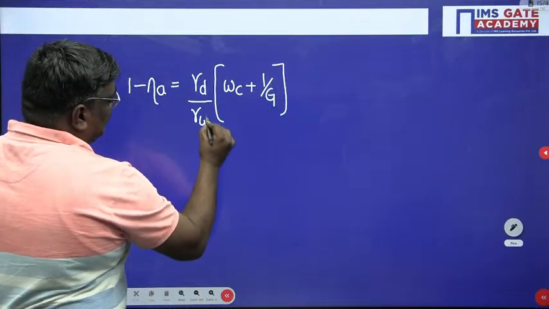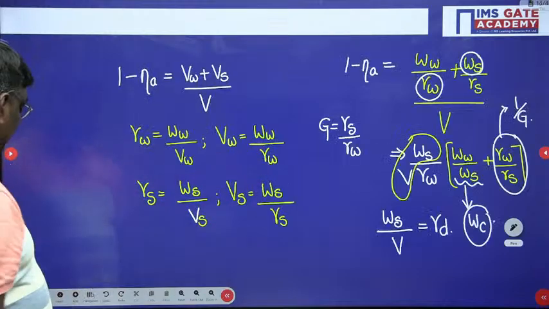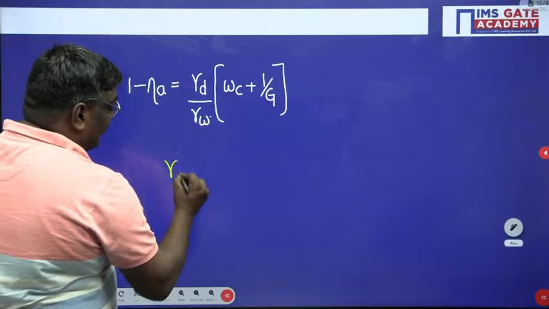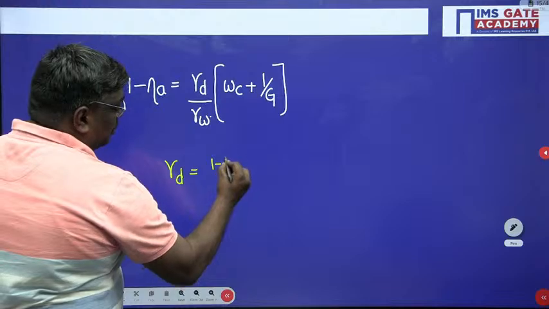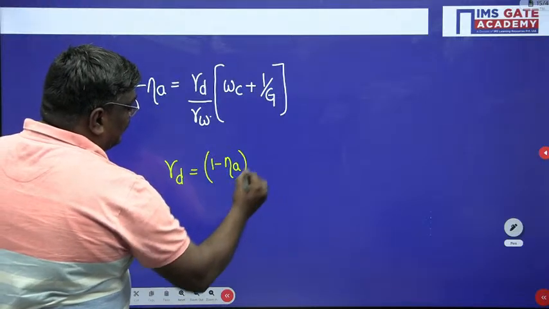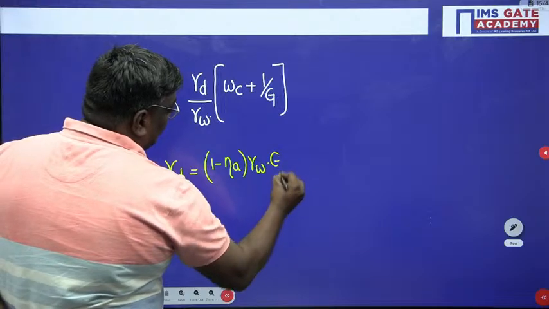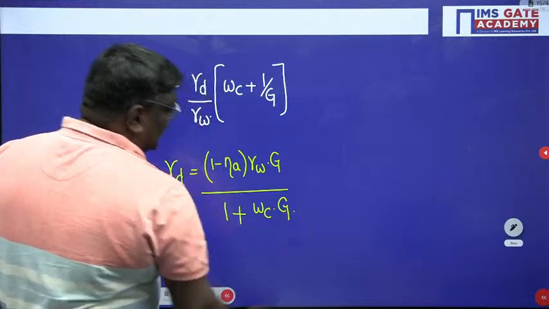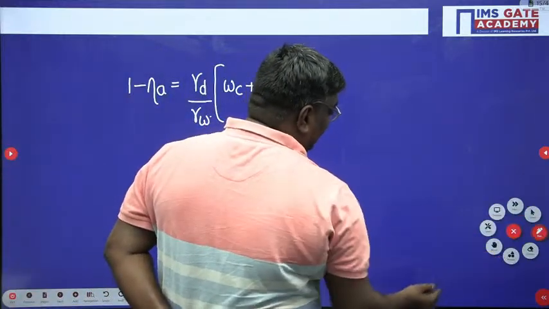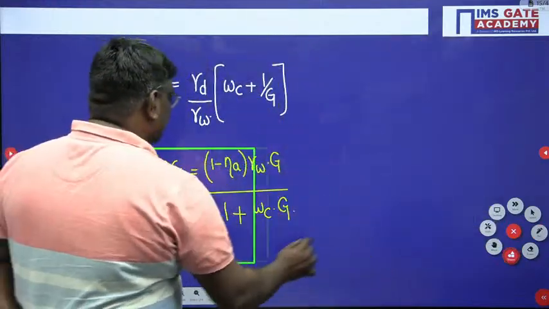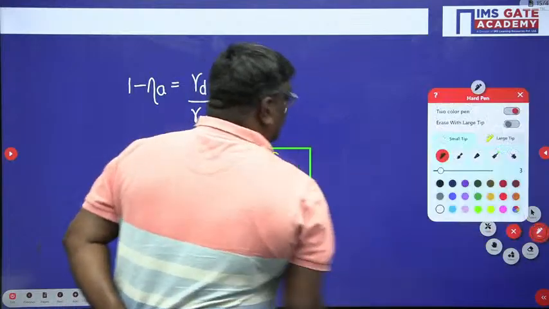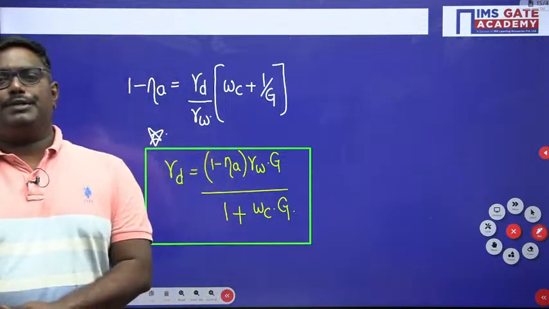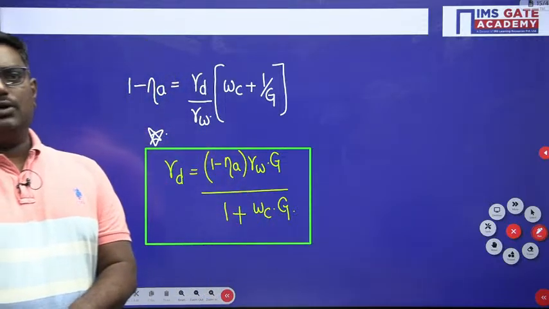Okay, see, gamma D by gamma W, water content plus 1 by G. Now, on substitution and simplification, you will get gamma D is equal to 1 minus Na into gamma W into G upon 1 plus water content into G. This is the final equation which you will be deriving with respect to percentage of air voids. Okay. Any doubts in this equation? Any doubts in this equation, students?